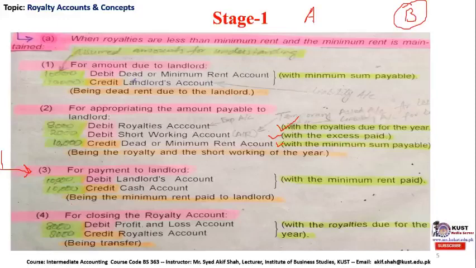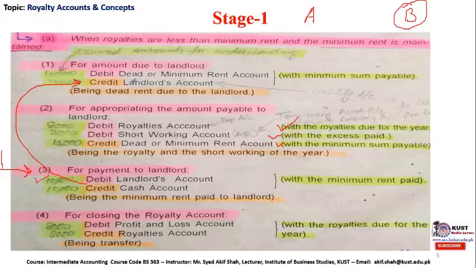So we have to debit the landlord account, which was the company's liability. We can also refer to this liability in entry number 1. Here we have credited our liability, and when the liability has been paid out in terms of cash, then it will be debited. So decrease in liability by 10,000.